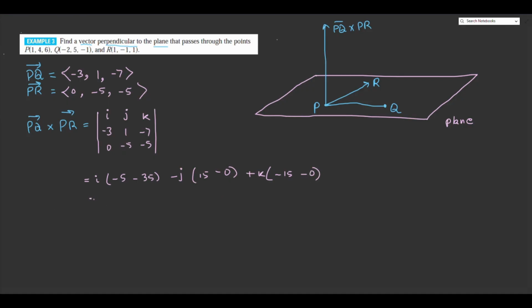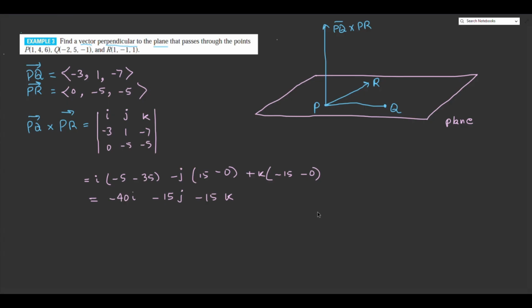When you simplify this, our answer will be minus 40i, minus 15j, minus 15k. So this is a vector perpendicular to the plane that contains the points P, Q and R.